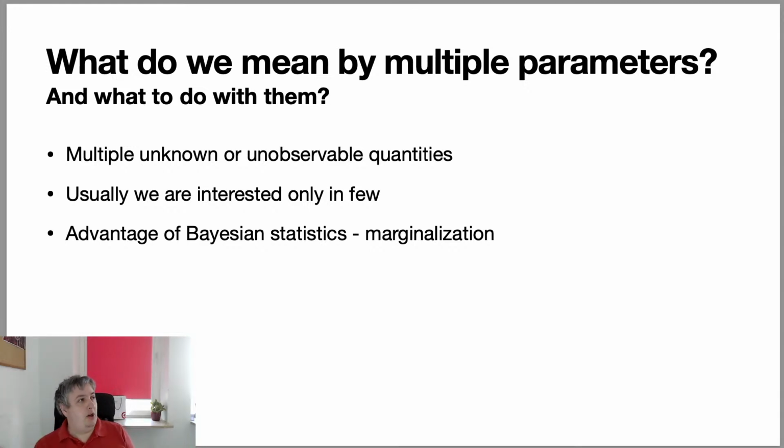Or for example, the mean of just a subgroup of variables. In basic statistics, we can just marginalize them. We can use the entire model and focus only on the subset of parameters, which of course is done by sampling the entire distribution and focusing on the samples of only certain parameters.